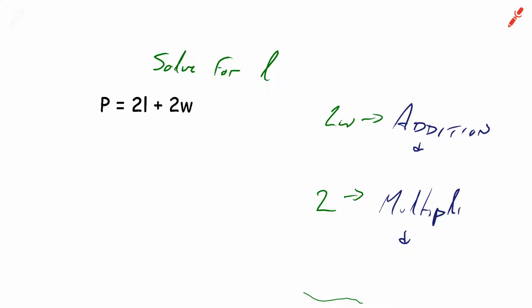So even though it looks completely different, we've got more variables, it's a little messier, we're dealing with the same concept as last time. Now let's go ahead and develop the opposites. The opposite of addition is subtraction. Opposite of multiplication is division.